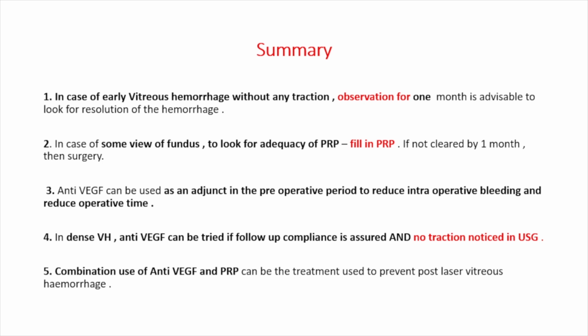If an adequate PRP was done and sometimes down the line the patient suddenly comes with vitreous hemorrhage, you know the PRP was adequate, but if you see that there was some persistent fibrous proliferation, and the bleeds are recurrent, they come, they clear, they go, they come, they clear, they go, then eventually you may need to do surgery because probably there's traction from some blood vessel that keeps bothering the patient now and then.